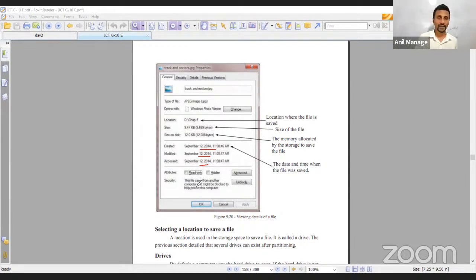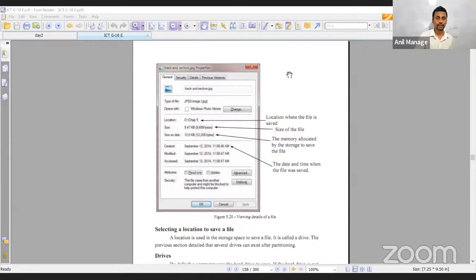Then you have attributes like read only and hidden. If you set read only, you cannot edit it. If hidden, you can't see it, but there is a mechanism to unhide the file. You can hide files for security purposes, and you can unhide them also.